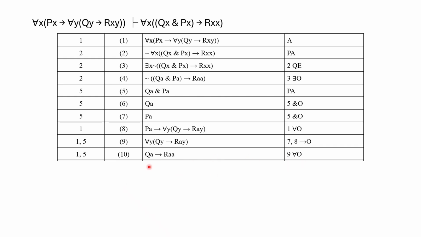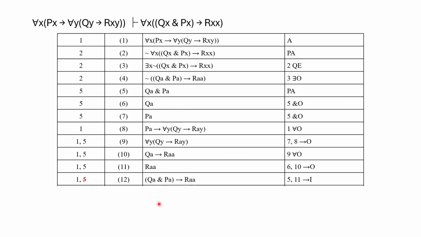So now we get QA arrow RAA. And if we look back at 6, I've got the antecedent for this. So I can get RAA out from 6 and 10. And now we assume this QA and PA to get to RAA. That's what we got to here in 11.